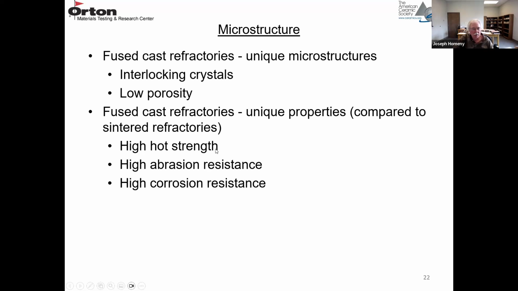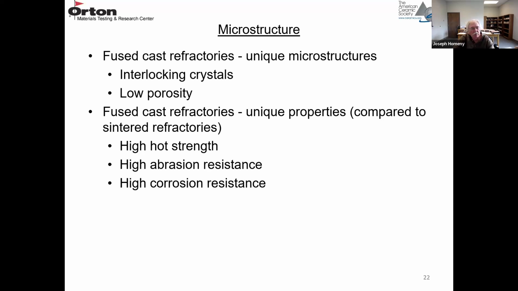They're pure high temperature materials, very dense. They're going to have abrasion resistance, and their main property is high corrosion resistance. So these are high purity, dense materials made primarily for their corrosion resistance.